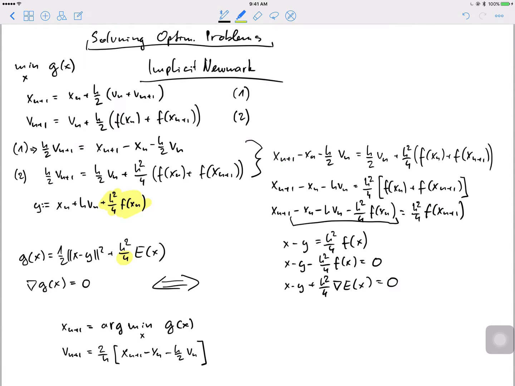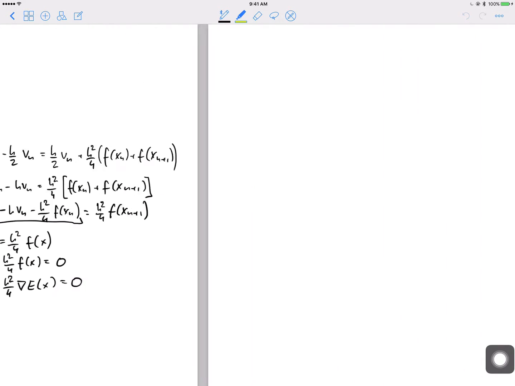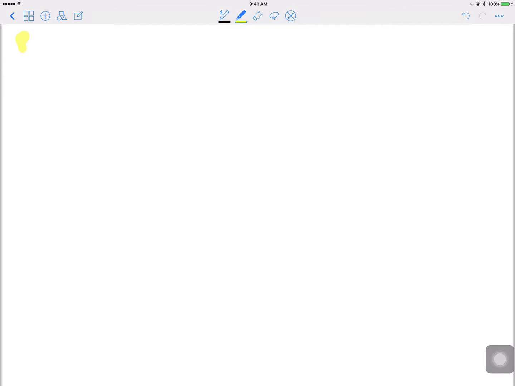So now let's talk in general, if everything is cool here. What I would like to do next is to talk in general about how to solve general optimization problems of this form, okay? So the problem is, I will have a function g.